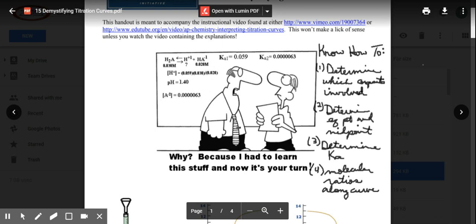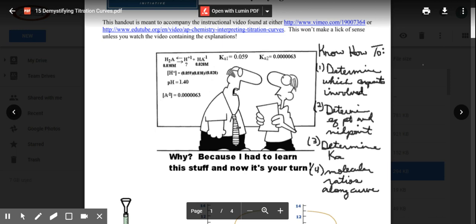Now that you have an understanding of what your titrant is and what your analyte is, you have to be able to look at the titration curve and figure out what your titrant is, whether or not it's a strong acid or strong base. You also have to be able to look at your titration curve and figure out what your analyte is. And it could either be a strong base, a strong acid, or a weak acid and a weak base. So that's one thing you'll have to be able to do.